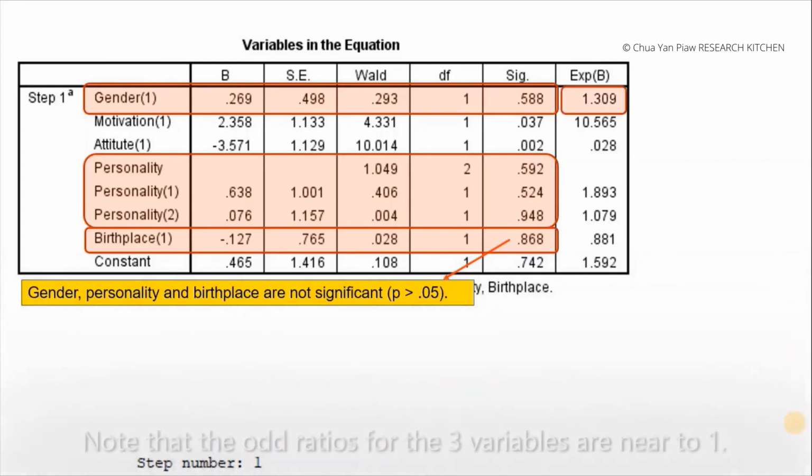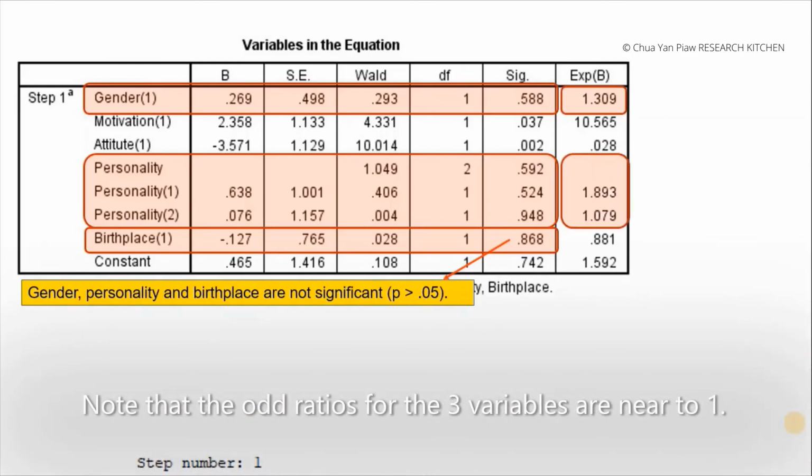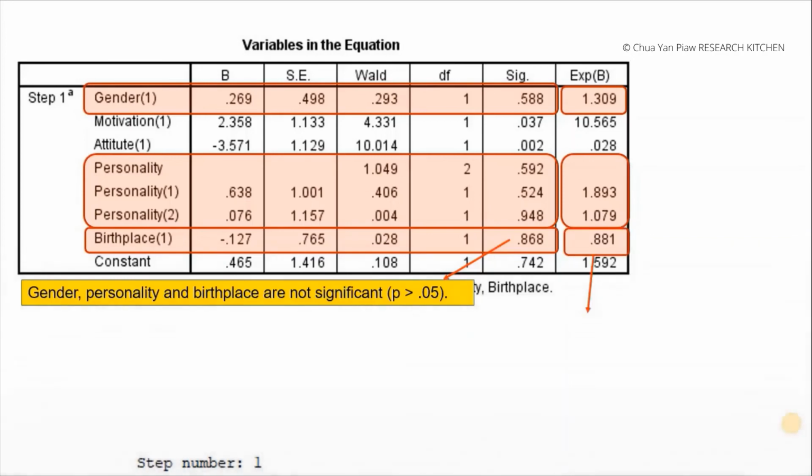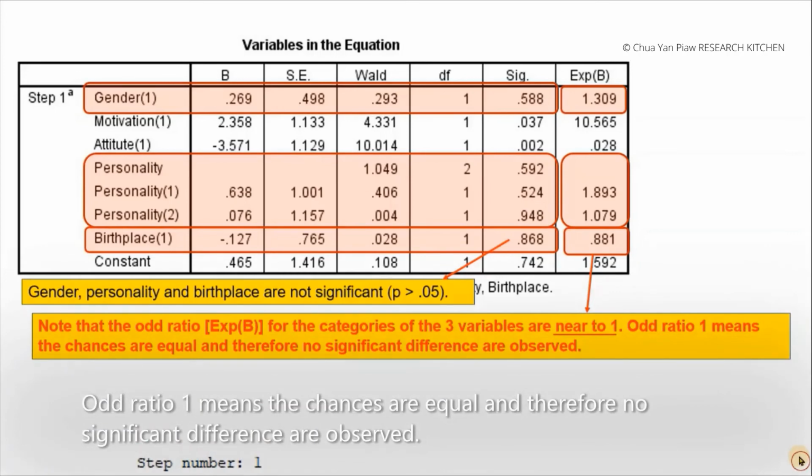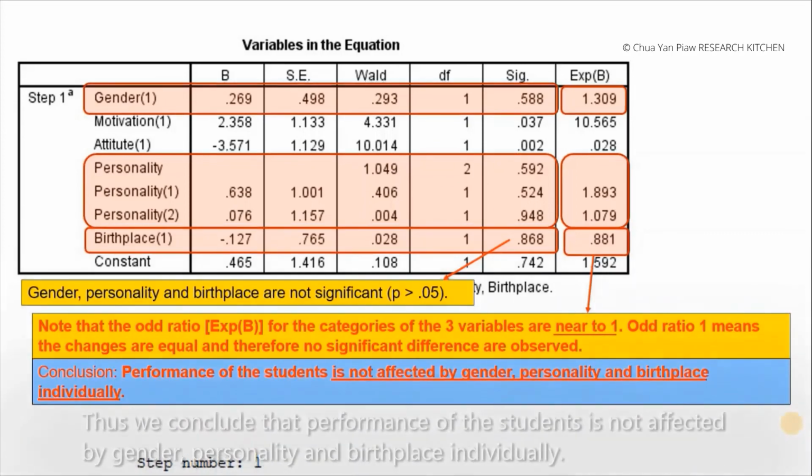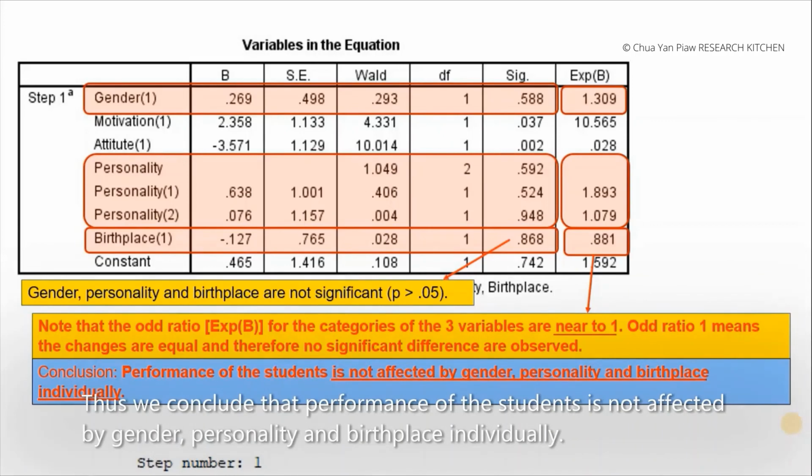Note that the odds ratios for the 3 variables are near to 1. Odds ratio 1 means the chances are equal and therefore no significant difference is observed. Thus, we conclude that performance of the student is not affected by gender, personality, and birthplace individually.